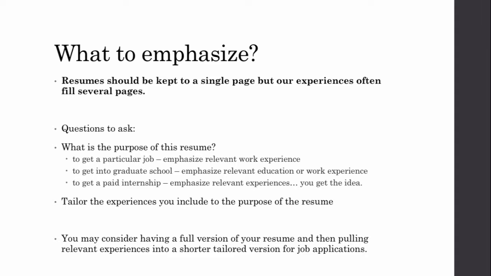And then when you find a job, or you're going to go on to more graduate school, or you find an internship or something you want to apply for that requires a resume, you can mix and match and pull from this full version of your resume, and that way you never lose any information. So you've got this full version and you just pick out the pieces that are relevant for the particular thing that you're going to use your resume for at this moment.